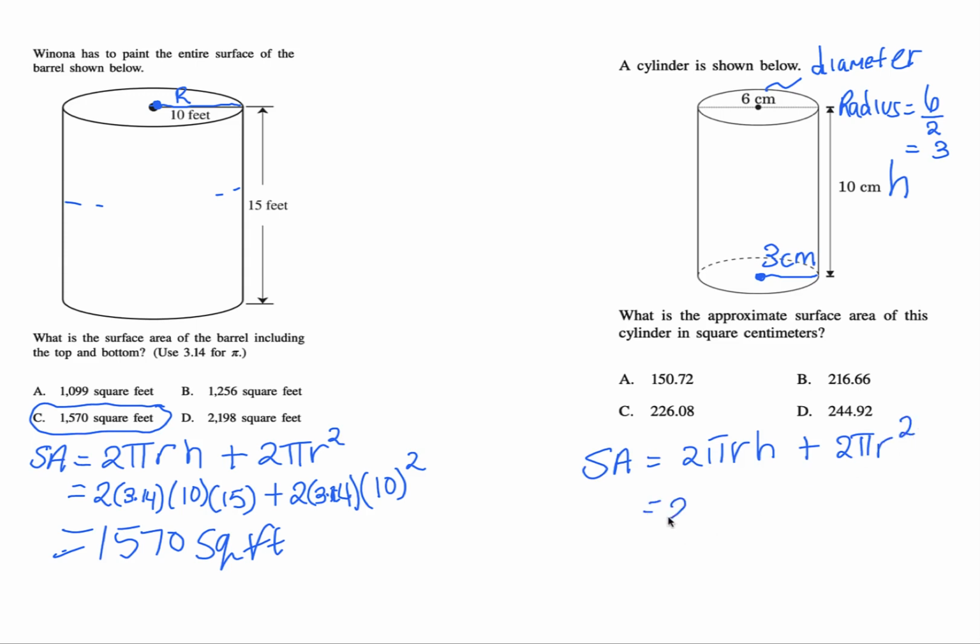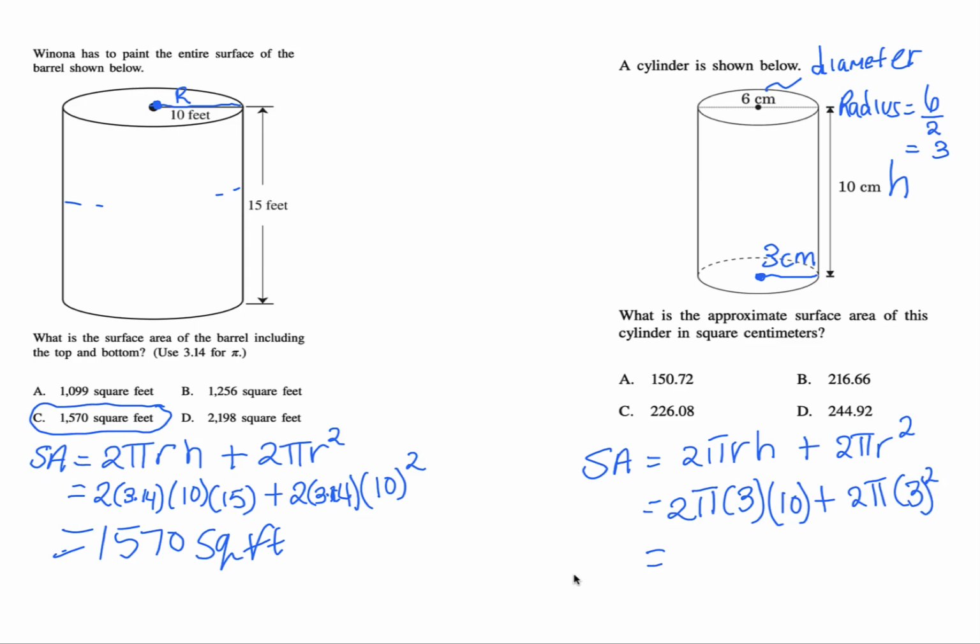So I have 2. Now notice here they did not tell you to use 3.14, but you can use pi. So I'm going to write 2 pi. Our radius is 3 and our height is 10. Plus 2 pi and our radius is 3 squared.